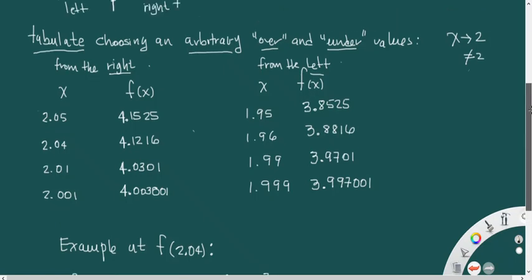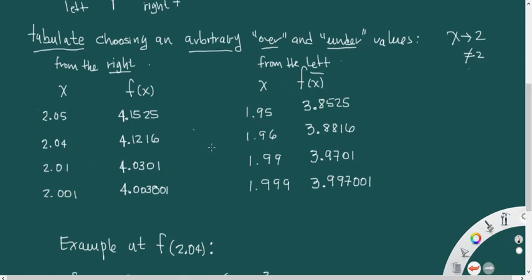Once I have chosen these numbers, if you see, I am taking 2.05, which is 0.05 greater than the number 2, then 2.04, 2.01, and 2.001. And then from the left, I am evaluating the function at 1.95, 1.96, 1.99, and 1.999.